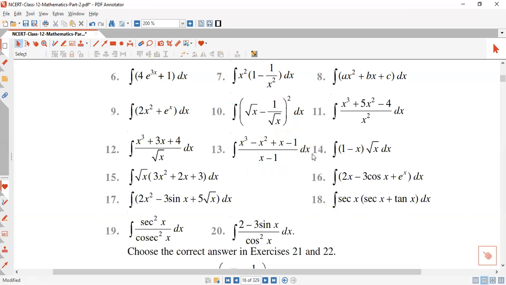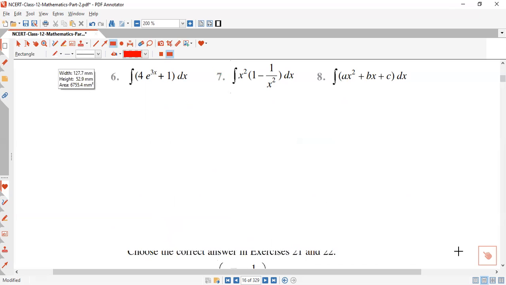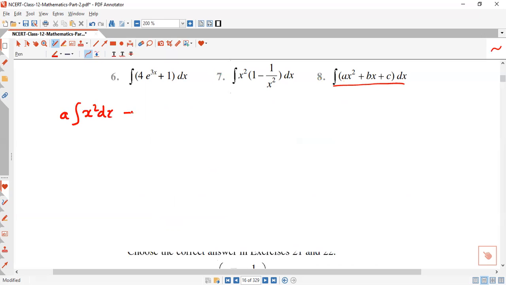Now, question number 8. Simple integrations are there. We will separate these values separately. So it becomes a, a constant taken outside, integral of h square dx, plus b, a constant taken outside, integral of h dx, and c, a constant taken outside, dx.